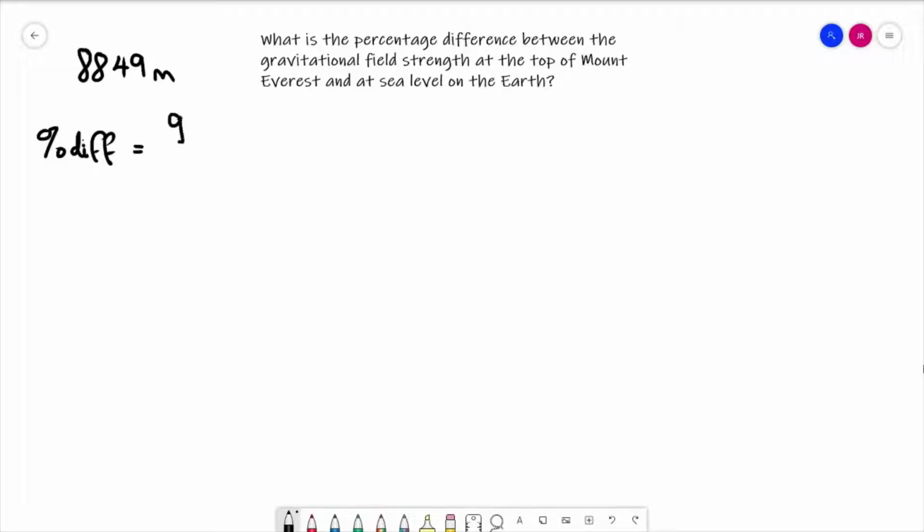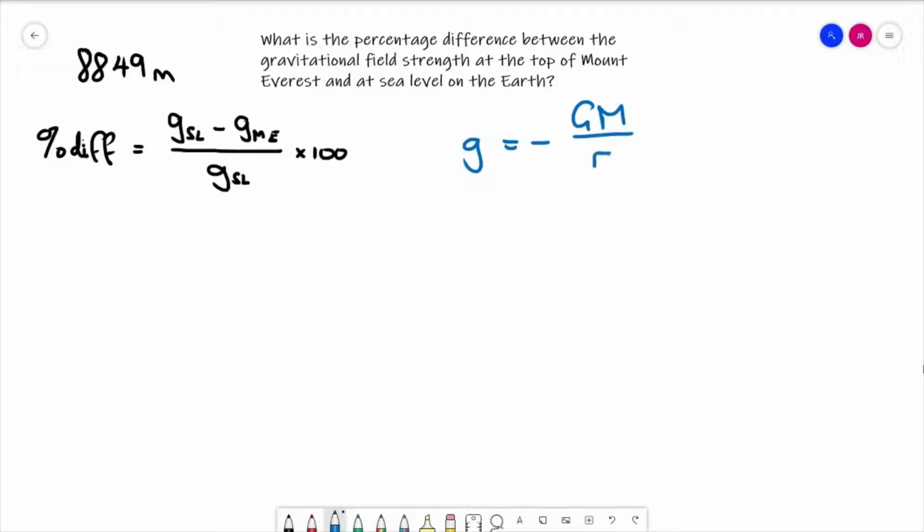So here it would be the difference between g at sea level and g at the top of Mount Everest, divided by g at sea level, and then obviously we would multiply that by 100 to convert it into a percentage. The next stage, of course, is to calculate some gravitational field strengths, and we know that the equation is minus GM over r squared.